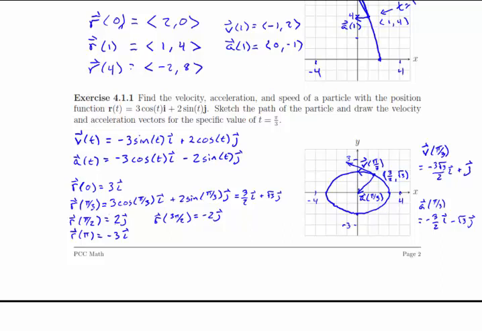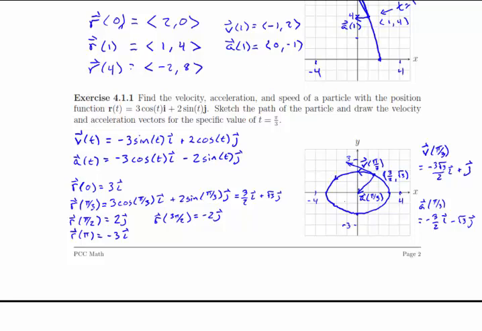R of pi over 2 is 2j, so I have 0, 2, this point here. And then I have -3i when t is pi, and so I have -3, 0 right here. And then r of 3 pi over 2, I get -2j, and this gives me this point here. And this is a good indication that we just have this shape. You're welcome to plug in more time values to really ensure that this is what's happening.